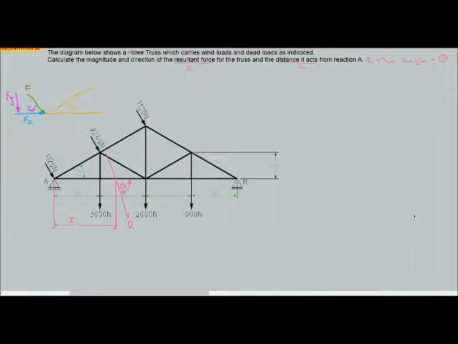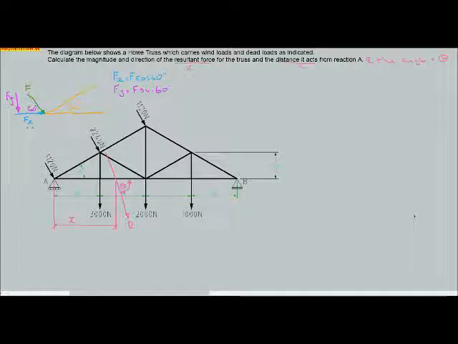Well, I can say that Fx, using trigonometry, is F cos 60, and Fy is F sine 60 degrees. So I can find or resolve these forces.